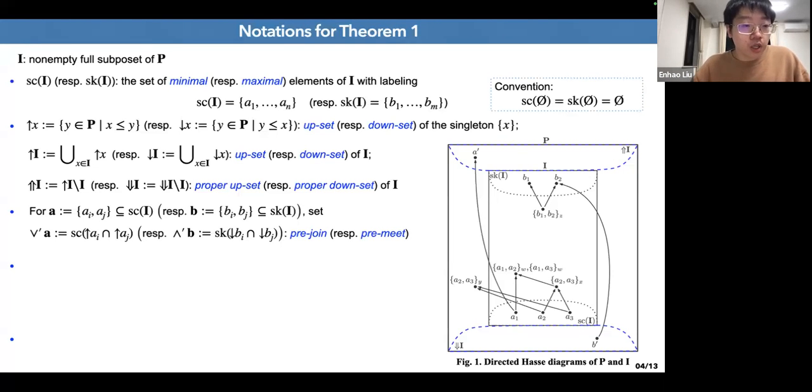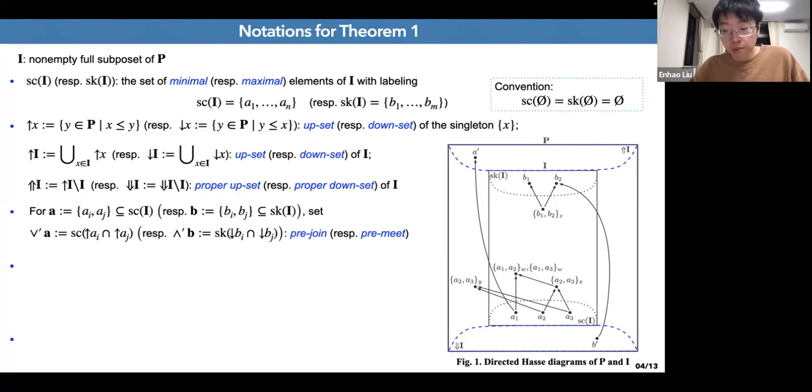Now if we take a pair of distinct elements in source(I), or dually sink(I), we use this notation for the source of their pairwise common upper bounds. This is called the pre-join of such a boldface A. Why do we call it pre-join? Because source is always minimal elements, so if this were a minimum element, it would really be the join, but now it is just a minimal element.